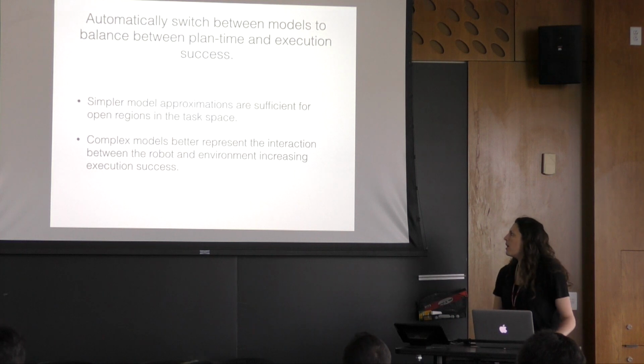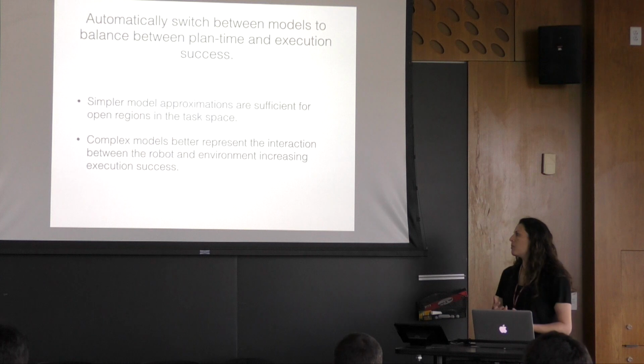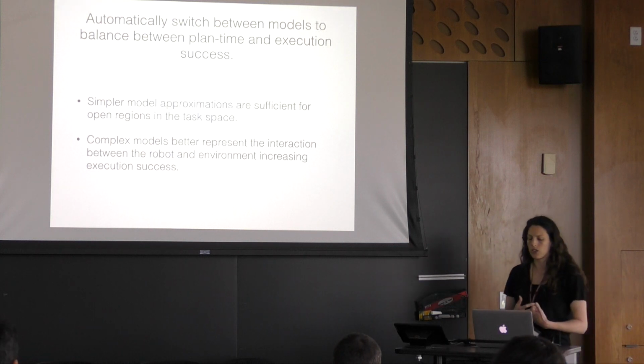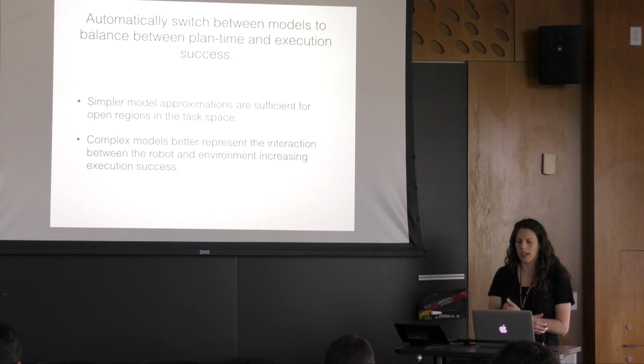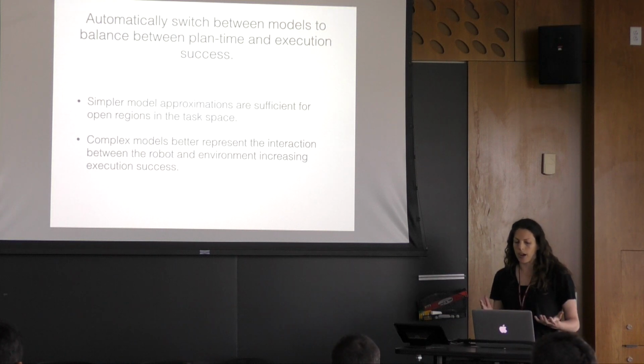So the idea is that by leveraging multiple models, we can balance between efficient planning time and execution reliability, or execution success. Simpler models might be used more often. They generalize over more environments, so they can be used a lot in the open regions, or maybe that's the go-to model that is always used.